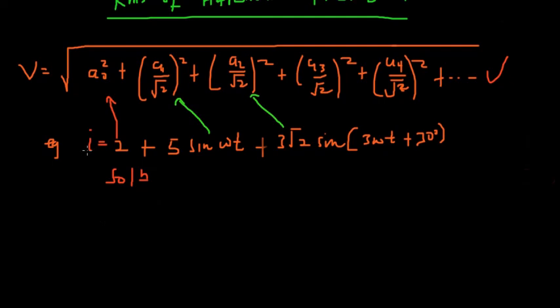So this is how you solve it. In case this was I, this could be I, and it could also be V. It depends. But these are I, so this is how we proceed in solving.